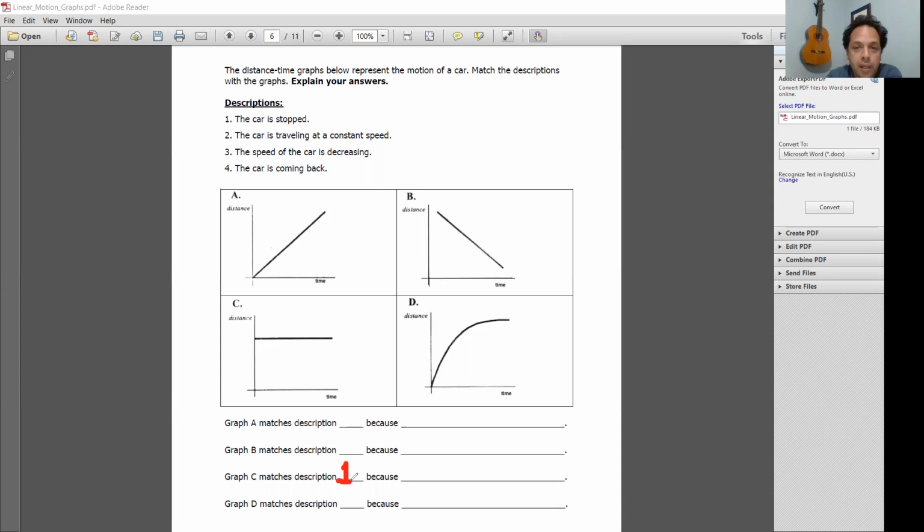Number 2, the car is traveling at a constant speed. Remember we said whenever there's a straight line, the car is going at a constant speed. So I'm going to say A. Even C is a straight line too, so it's at a constant speed of 0, so that counts there. Number 3, the speed of the car is decreasing.